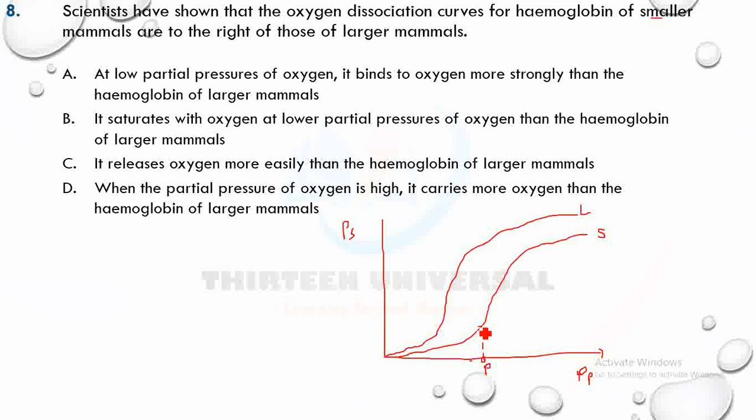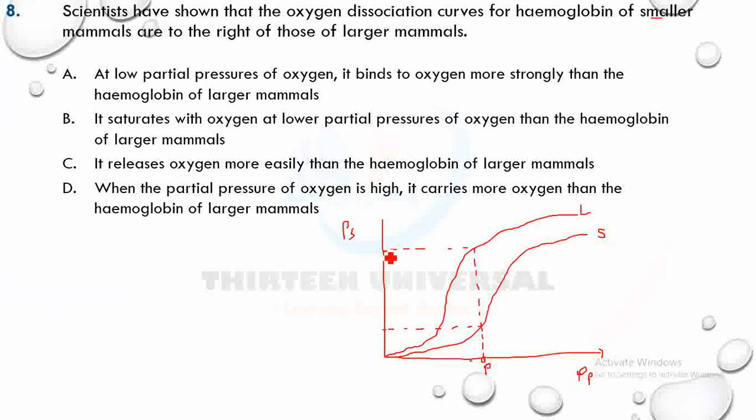I'm dealing with that of the small mammal because it's the percentage saturation that helps us to know which hemoglobin has higher affinity for oxygen. You can see that it is low here. At the same pressure, let's see what happens to the hemoglobin of larger animals. See that the percentage saturation of hemoglobin with oxygen for that of large animals is high based on this graph.